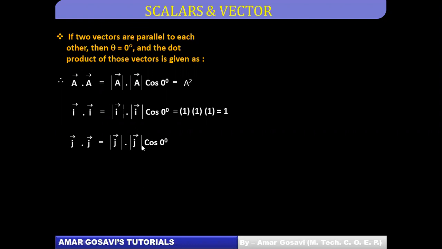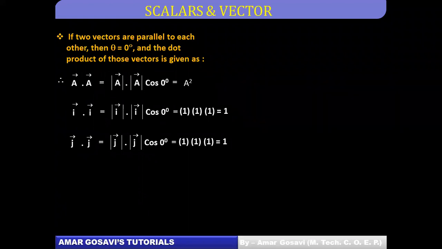So 1 multiplied by 1 multiplied by 1. In this case also, the self dot product for j cap will be 1. What is j cap? j cap is the unit vector along the y axis, friends.